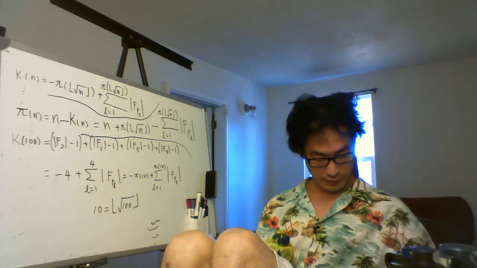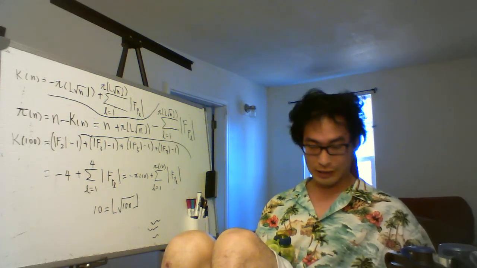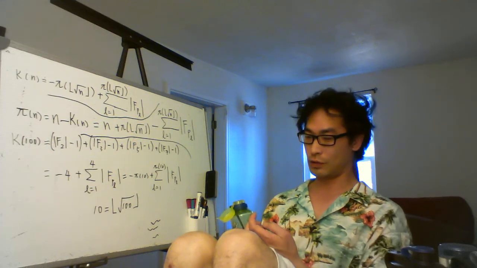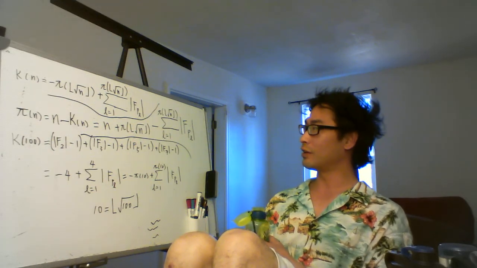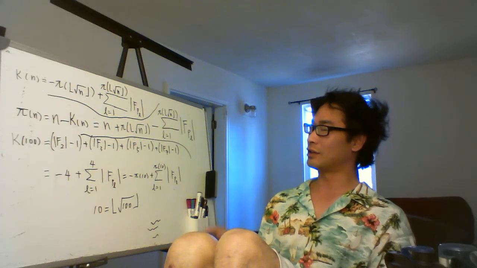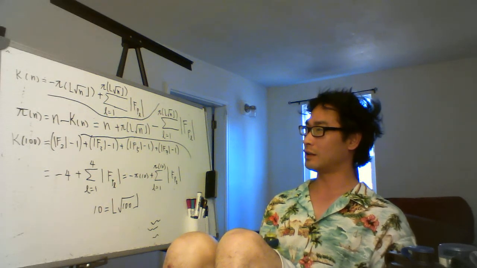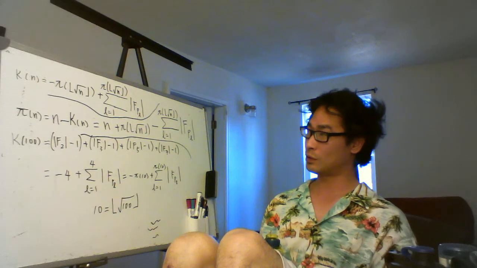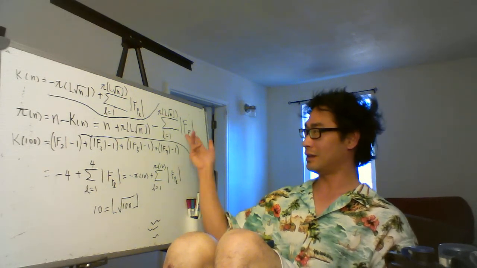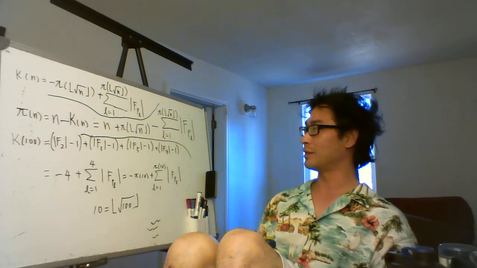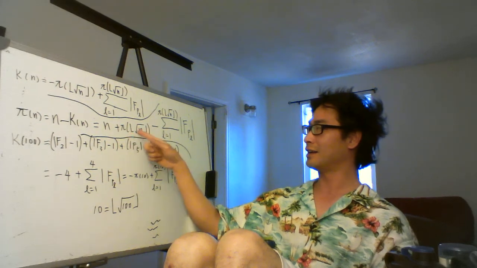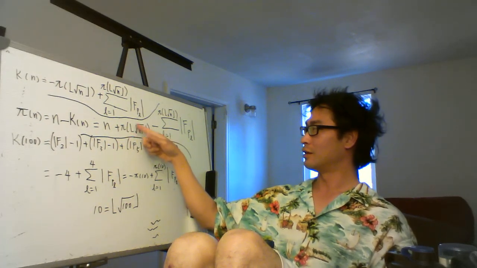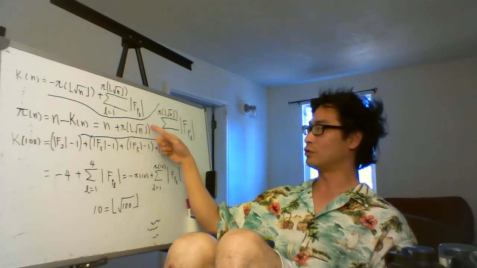But I think the recurrence formula that Monsieur Legendre discovered like 200 years ago or so is very related to what we have, because he had this pi of the floor of the square root of n.